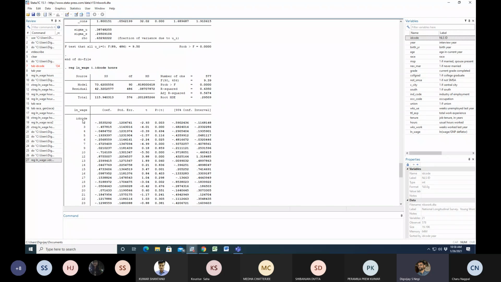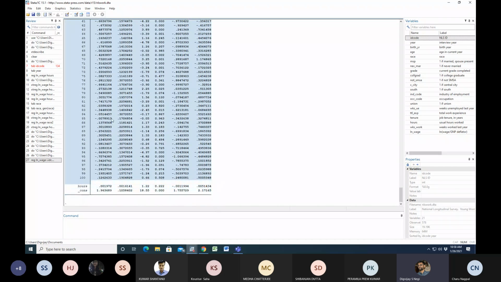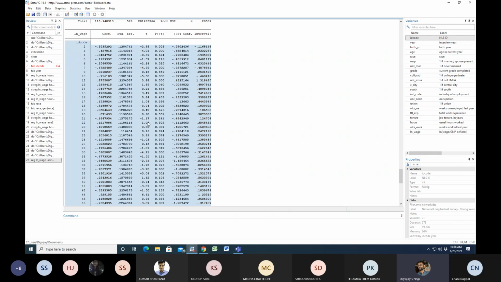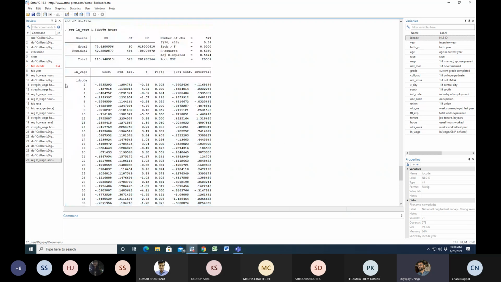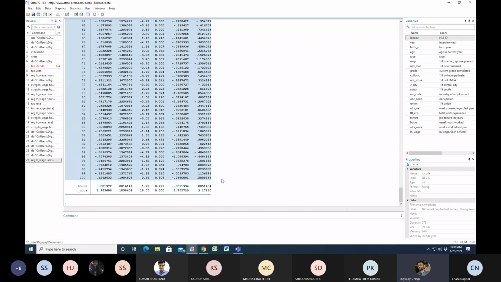All these coefficients are fixed effects, individual dummies. It's starting from 2 because 1 is omitted, so the base category is individual 1, and then you have 2, 3, 4, 5, 6, 7, 8, 9, and so on.